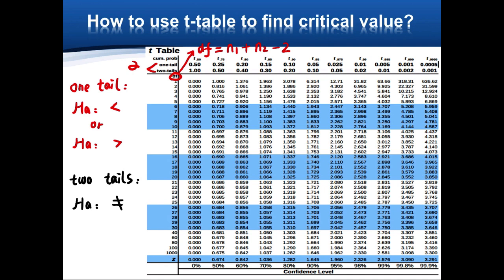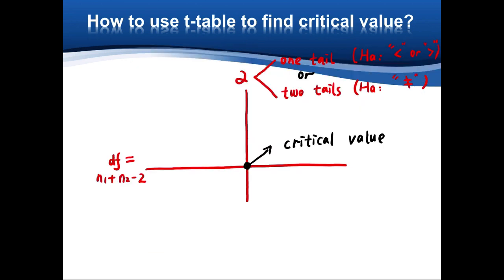How to use the t-table to find the critical value? First, you need to decide whether it is a 1-tail or 2-tails problem. Then, select 1-tail alpha or 2-tails alpha as the column. The row is the degree of freedom, which is N1 plus N2 minus 2, and the crossing is the critical value.